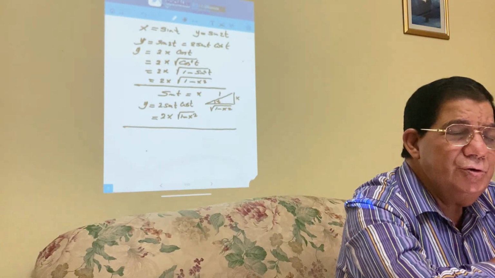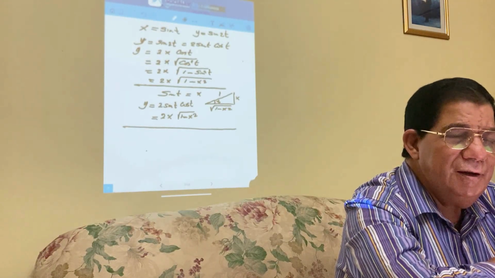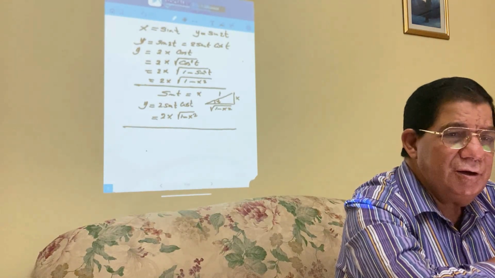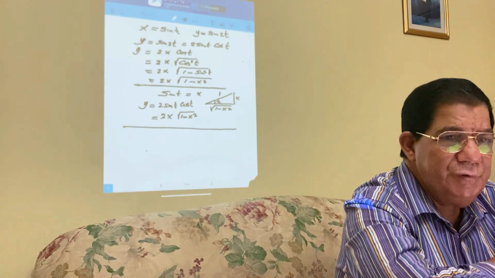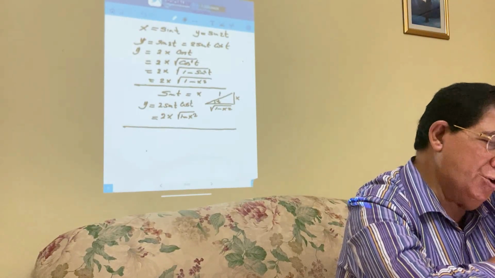Then you substitute what you get from the triangle into the second equation given in the parametric equation, and you will get the Cartesian equation.